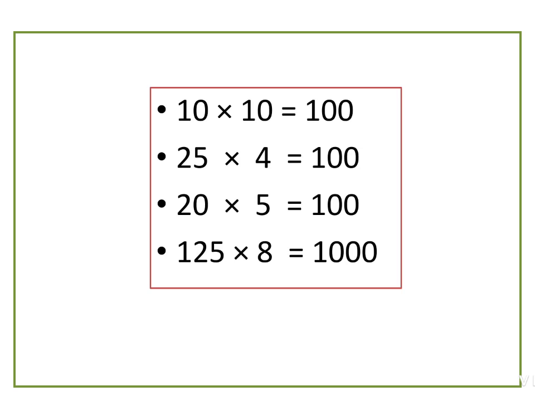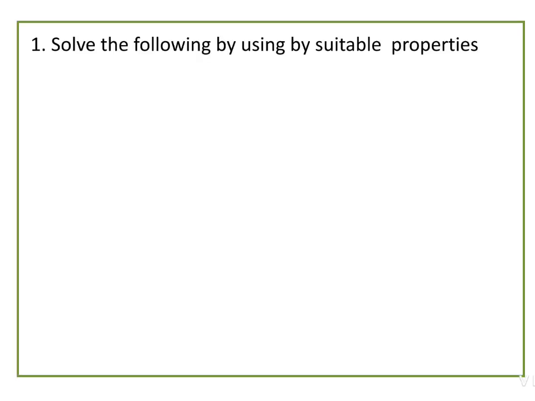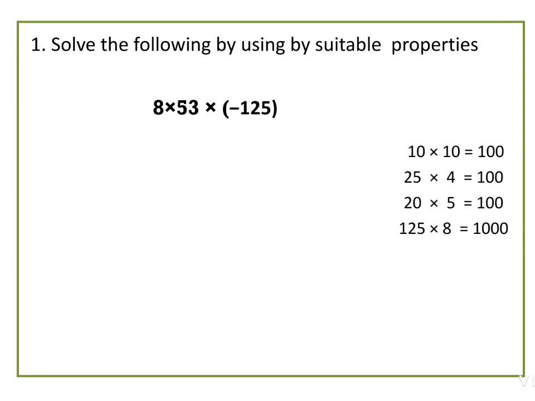Okay, one example. Solve the following by using suitable properties. One question is 8 into 53 into -125. Consider our table. Here the last one is 125 into 8 equal to 1000.